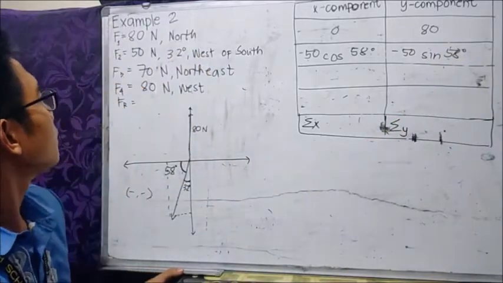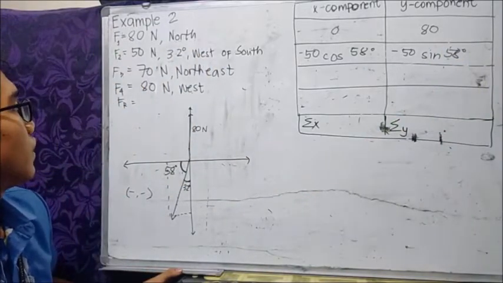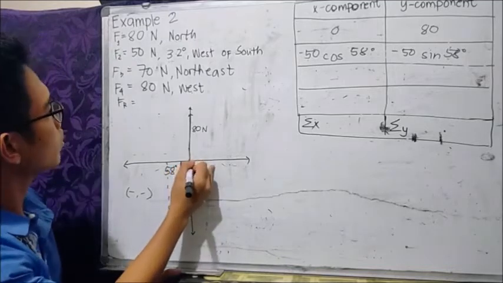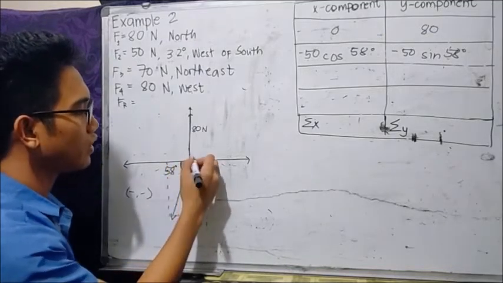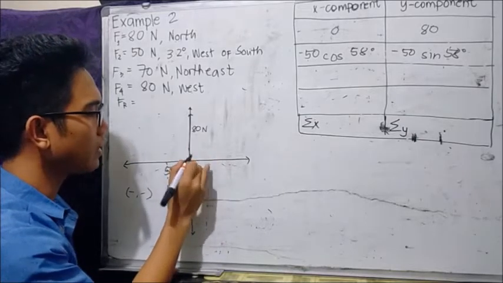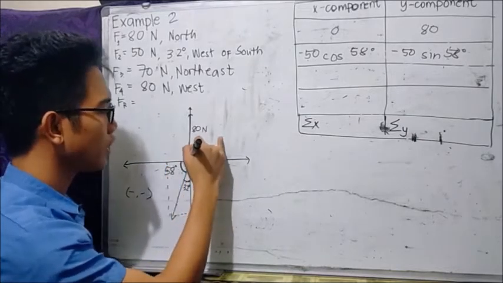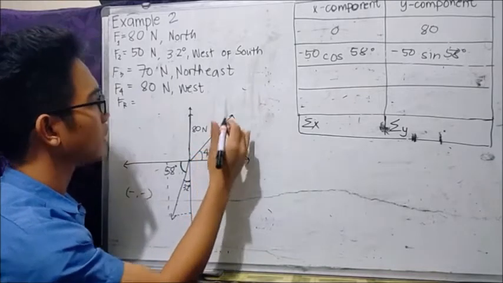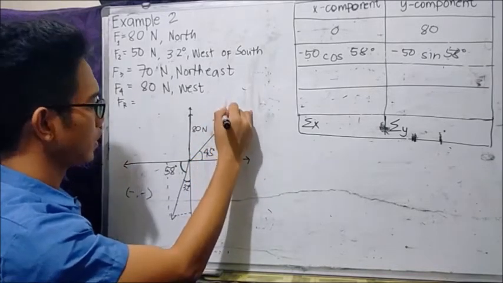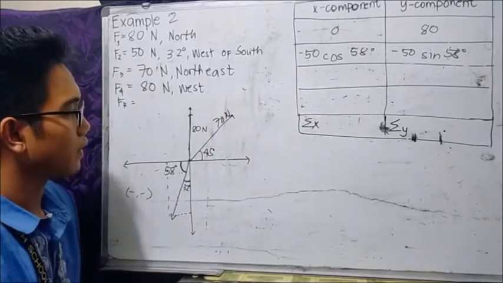Okay, now we proceed to your third force. The third force is equal to 70 Newton northeast, which means that we are on the first quadrant. That is between north and east, so the angle is equal to 45 degrees, and this is 70 Newton.